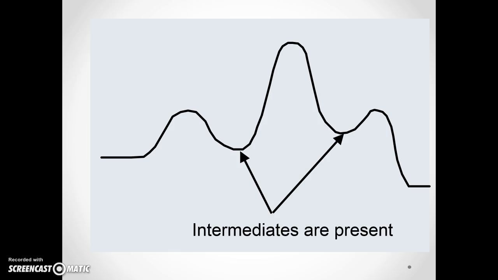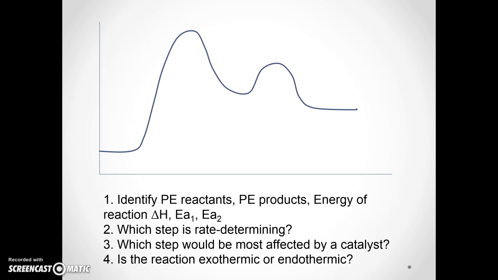The intermediate phases are when you're between activation states. These can happen very quickly and don't last very long at all, but they are places where if you take a sample of the material you're working on, you can actually test it to see which species are present. So take a look at this graph, and this graph is similar to what you're going to have to do for your homework.